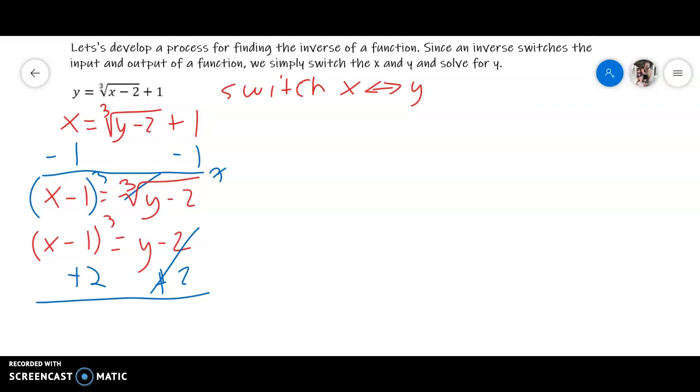It doesn't happen. X minus 1 cubed inside, 2 outside. So I'm going to rewrite this, and it's very straightforward. (x minus 1) cubed plus 2 equals y. That's my inverse function.